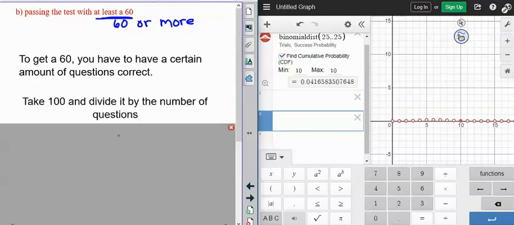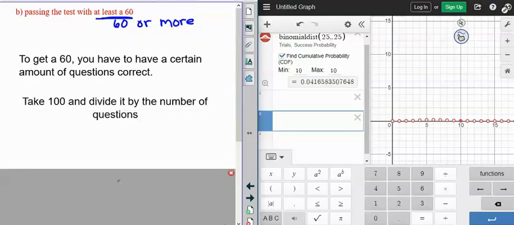All right, so to figure out how many questions you need to get correct, you kind of have to know how many points each question is worth. If you can figure that part out, you can multiply by how many questions you get correct to see if you have a 60 or more.